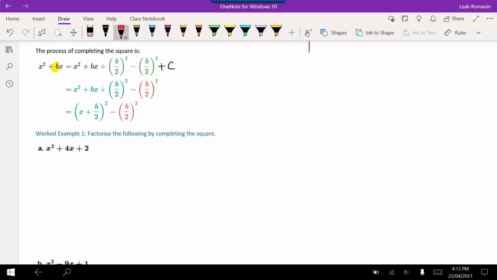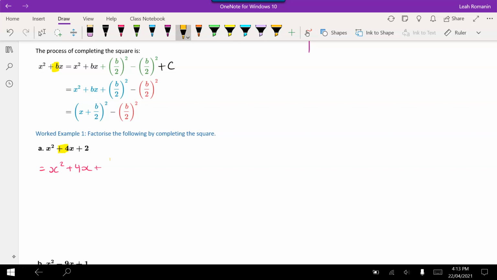So starting with my first example of x squared plus 4x plus 2, I'm going to write my x squared plus 4x as per normal. Then, once I've written that, I'm going to go ahead and do my b over 2 squared. So my b for this expression is the 4.